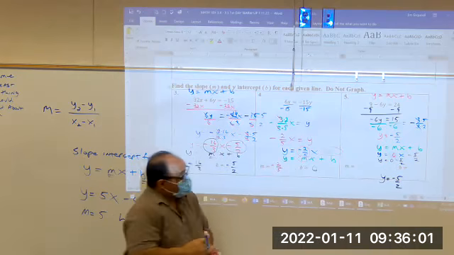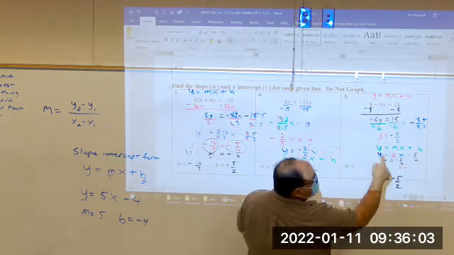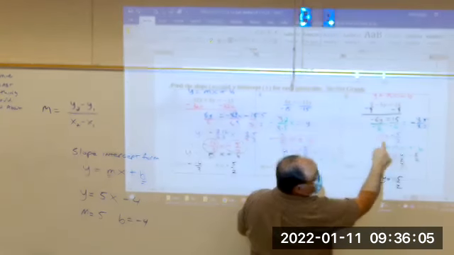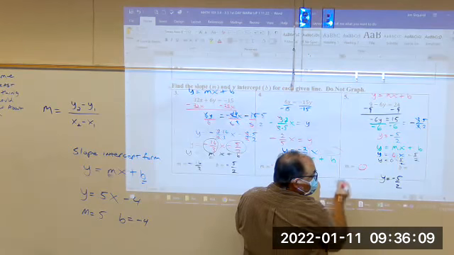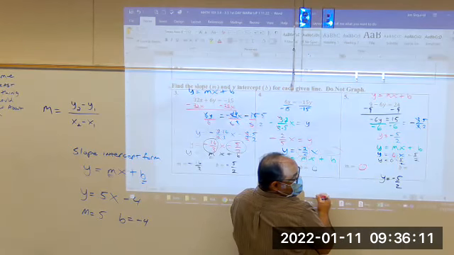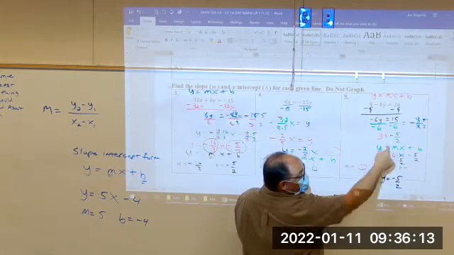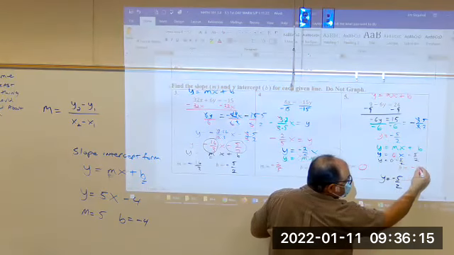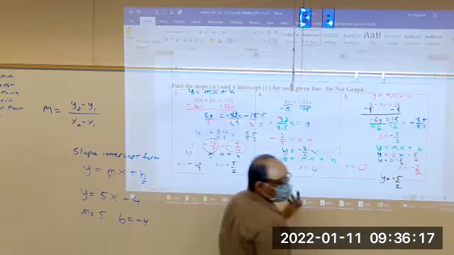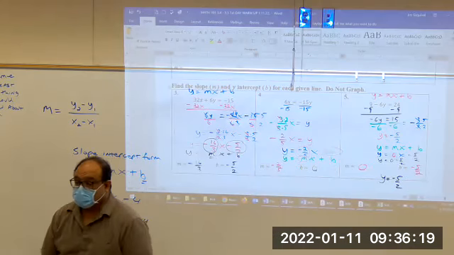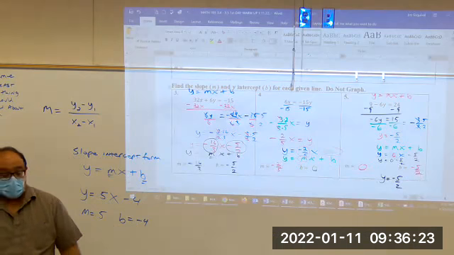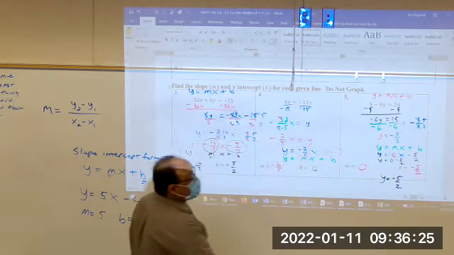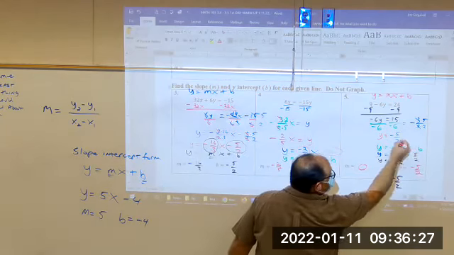So the slope, when you just have y equal to a number, y equal to a constant, the slope is always 0. And that number, that constant, is your y-intercept. Remember, it's not a slope unless it has an x next to it.